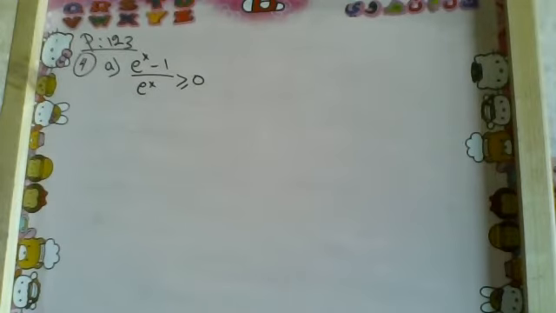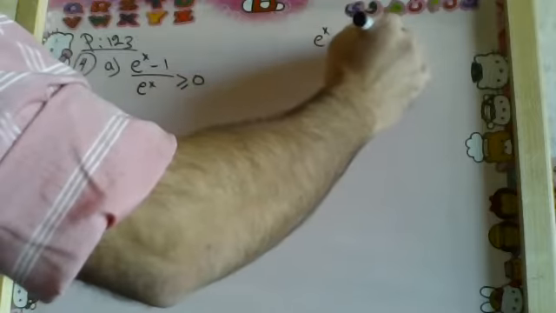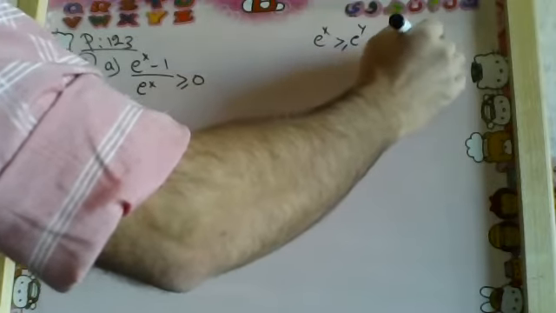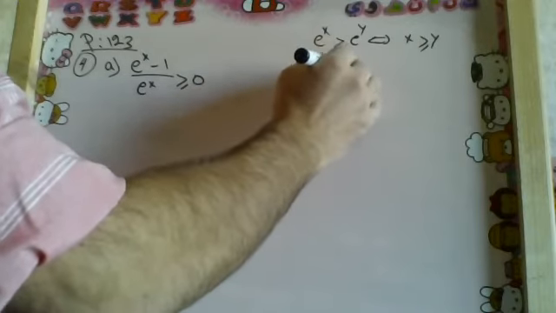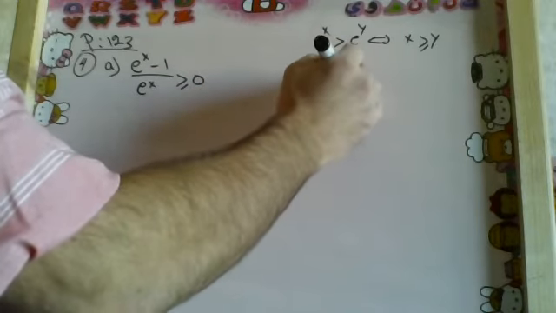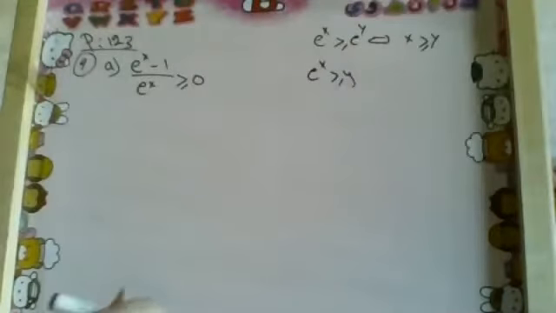To remind you, for the inequalities, e power x is greater than or equal to e power y. This is equivalent to saying that x is greater than or equal to y. Let's say e power x is greater than or equal to y.